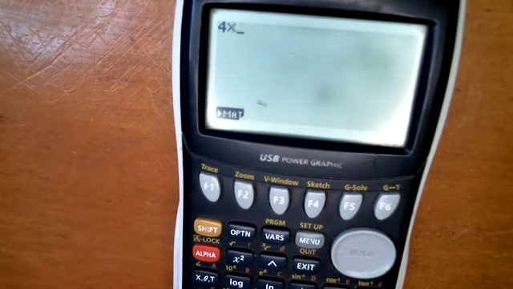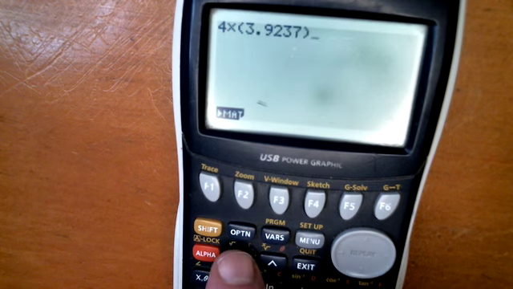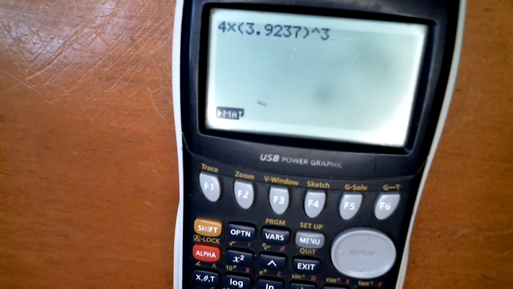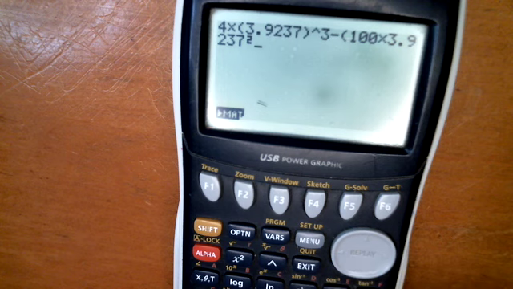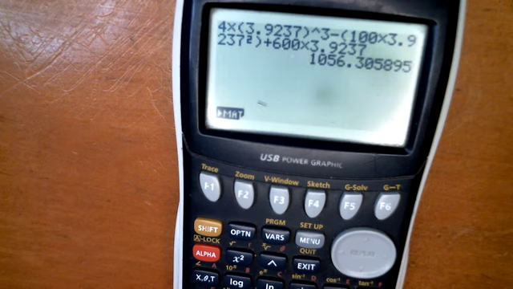So it's going to be 4 times 3.9237, to the power of 3, minus 100 times 3.9237, this time squared, close bracket, plus 600 times 3.9237.